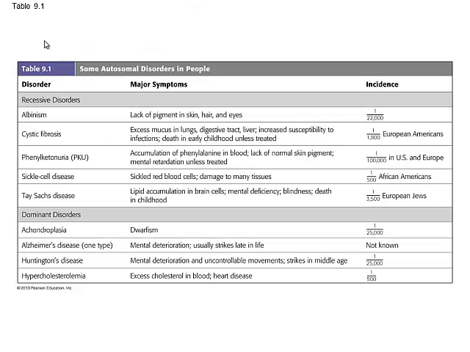And these are some of the different ones we see. You can see this in your textbook on page 155, table 9.1. Lack of pigment in skin, hair, and eyes, albinism, is a recessive disorder. Cystic fibrosis, PKU, sickle cell disease, Tay-Sachs disease.